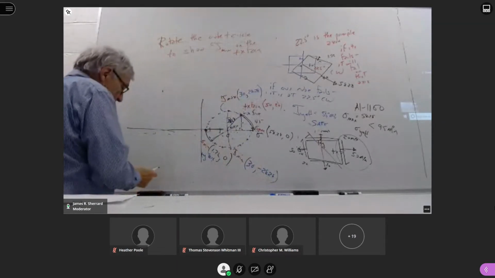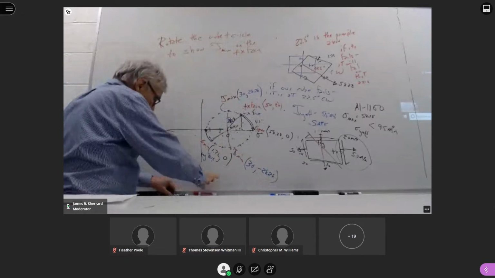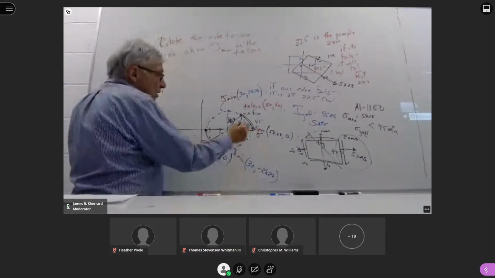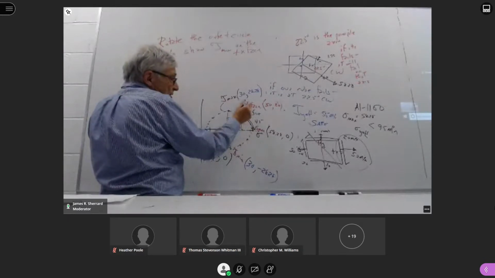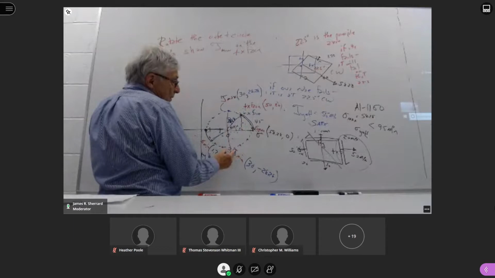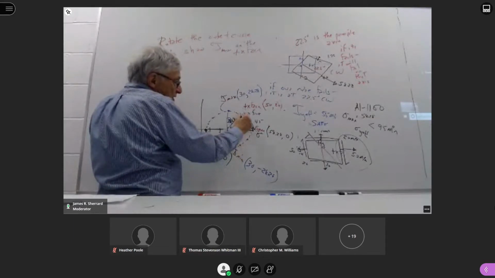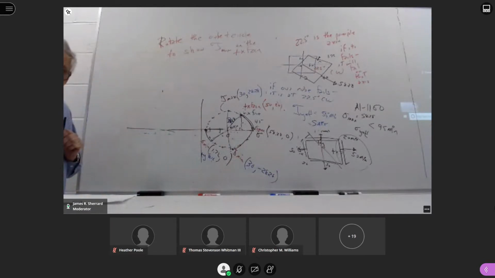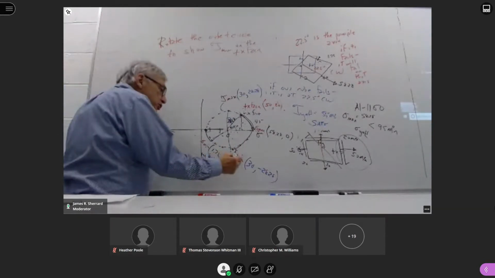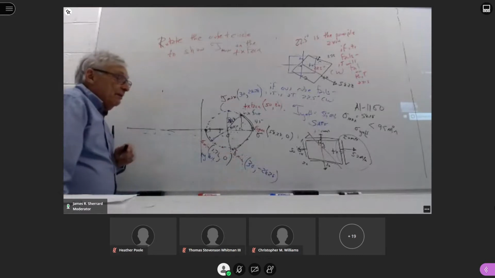Okay. If we come back to our Mohr circle, this is the plus x face. This is tau min. So we need to rotate this point down to here so that you can show this tau min value on that.